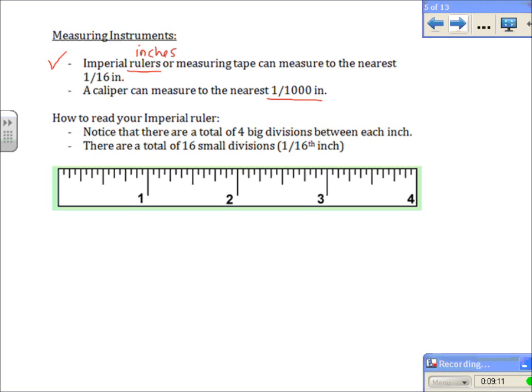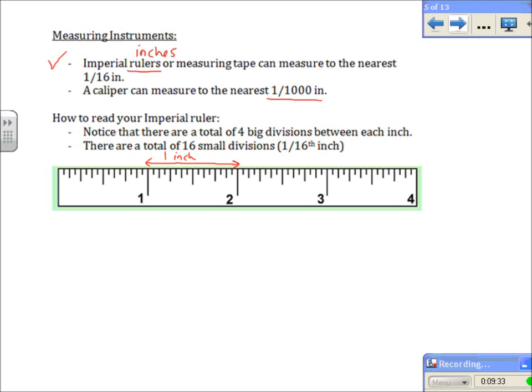So how do you read your imperial ruler? It is different than our metric ruler, and there's a total of 4 big divisions between every inch. So let's look at, for example, from 0, actually let's look at from 1 to 2. Okay, so from 1 to 2, there's 1 inch on my ruler.